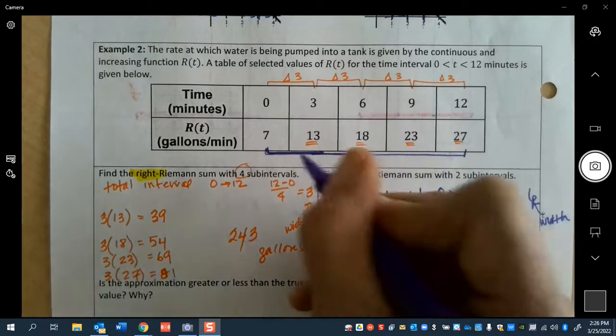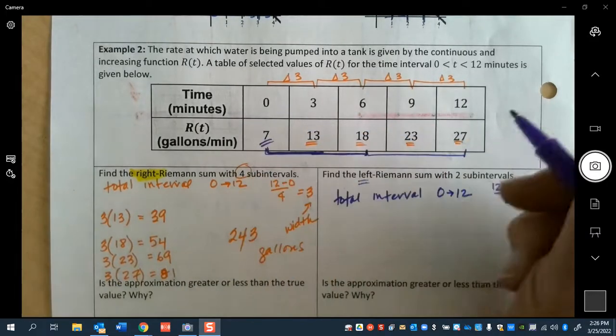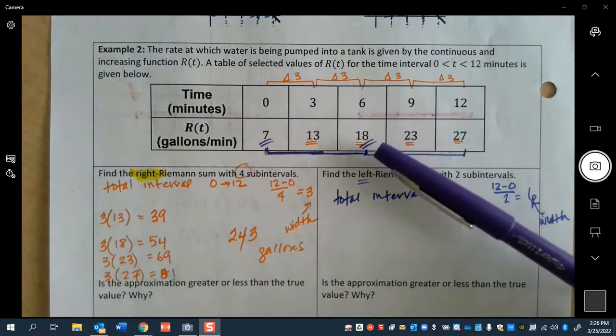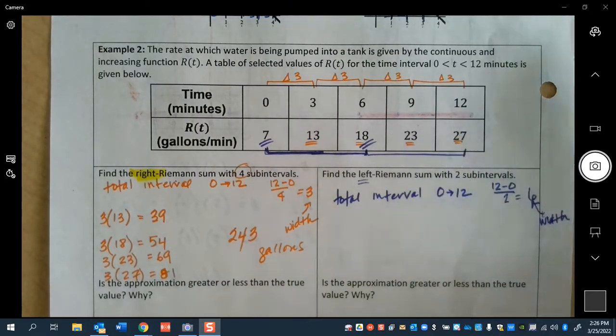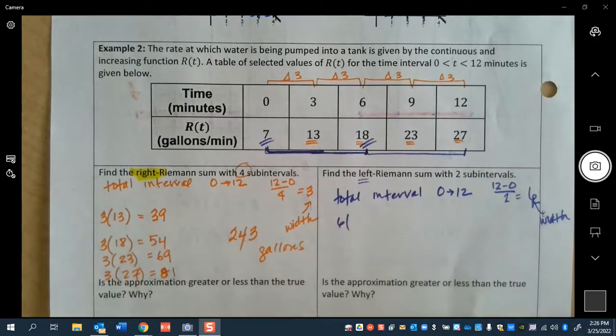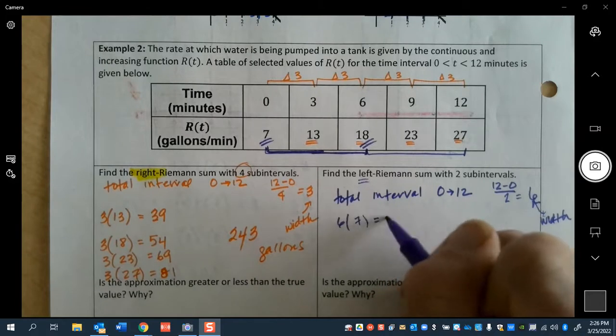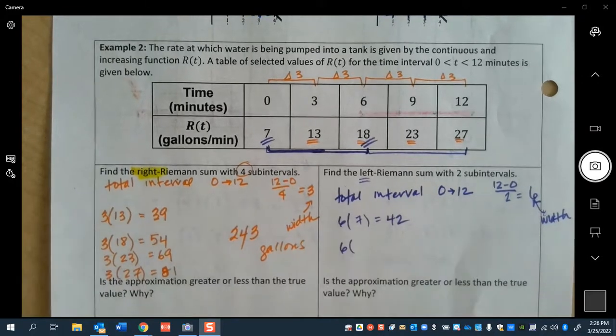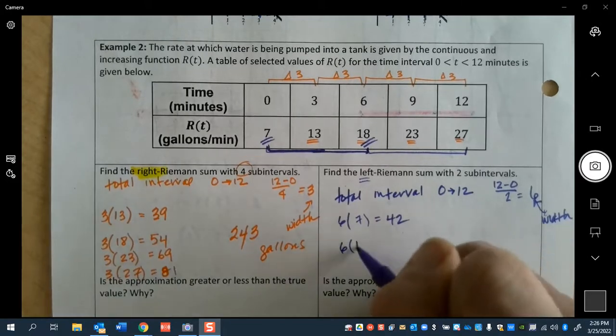And because I'm doing a left-hand sum, for each of my intervals I'm just using the value on the left. So I'm going to have a width of 6 and an output of 7. A width of 6 and an output of 18.